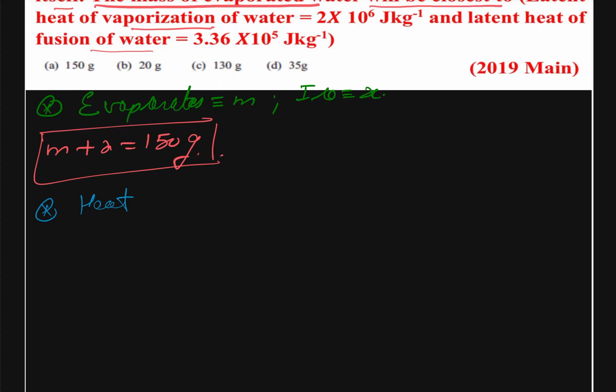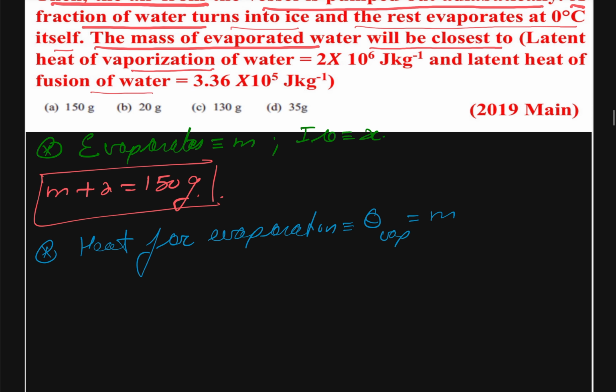Heat for evaporation, let us call this Q evaporation, will be equal to mass and latent heat of vaporization.